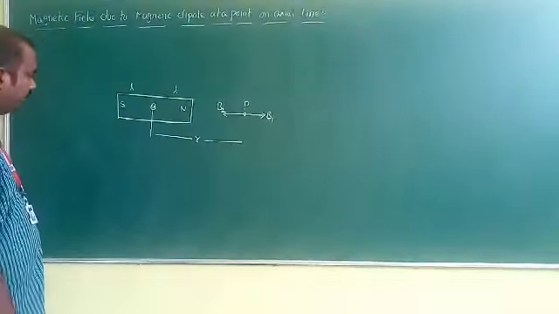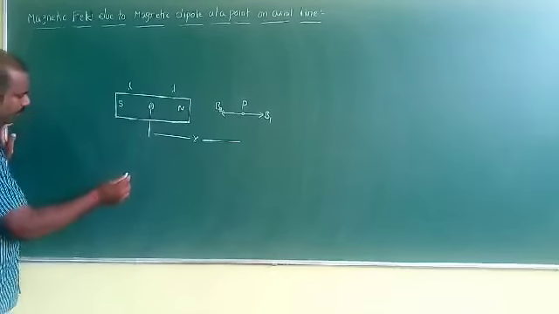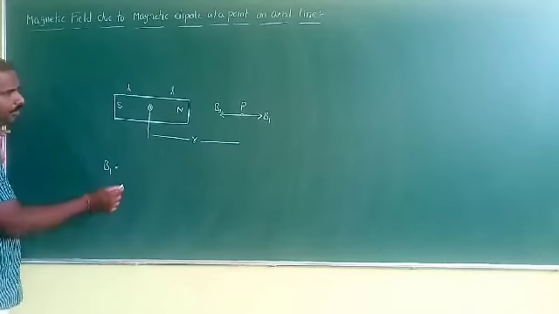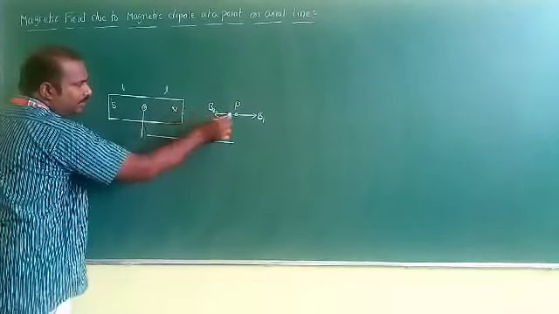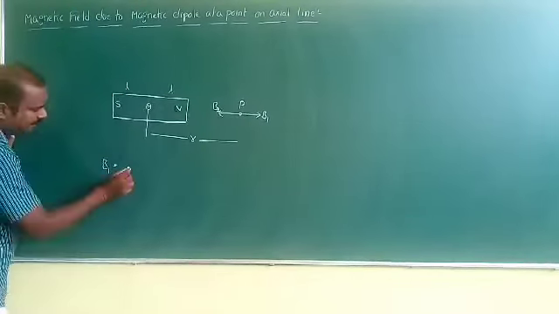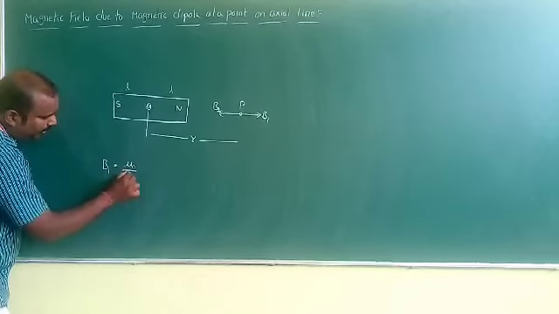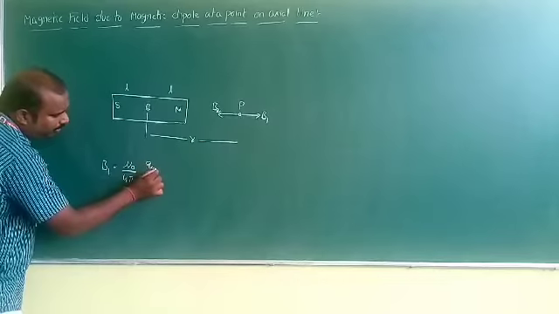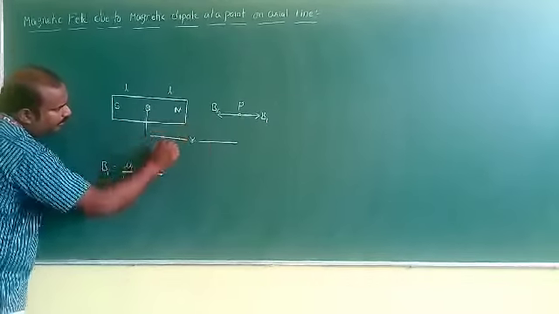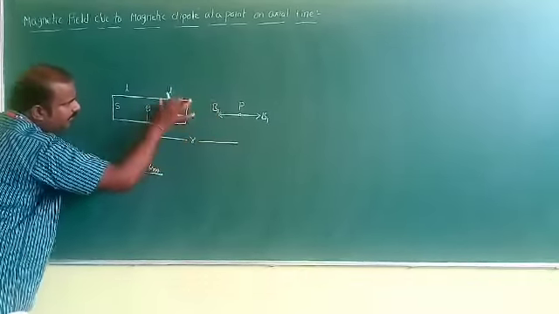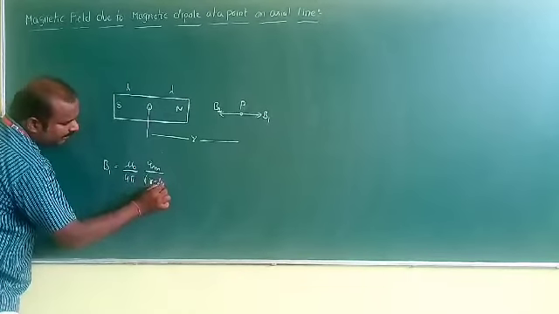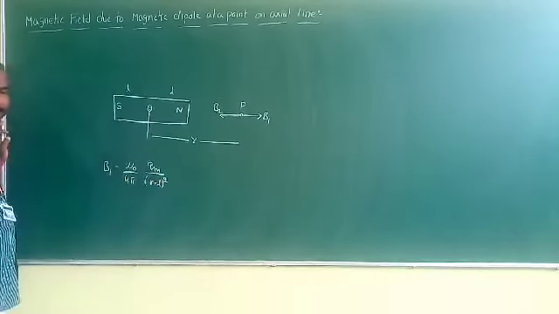First, the magnetic field due to the north pole at point P is given by B1 is equal to mu naught by 4 pi into Qm by the total distance. This distance is L, so here I get r minus L whole square.